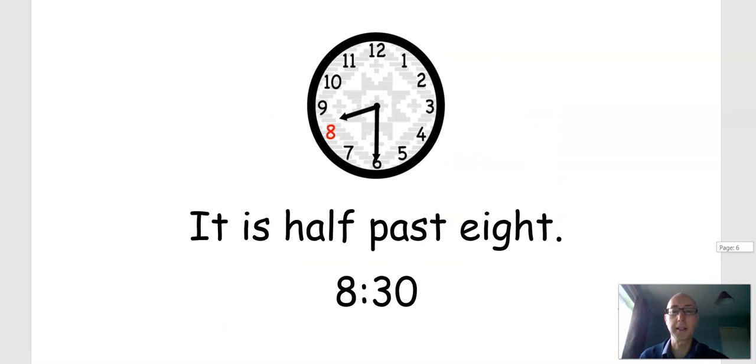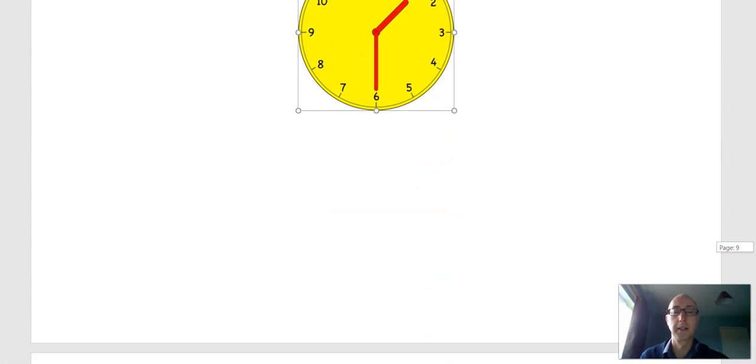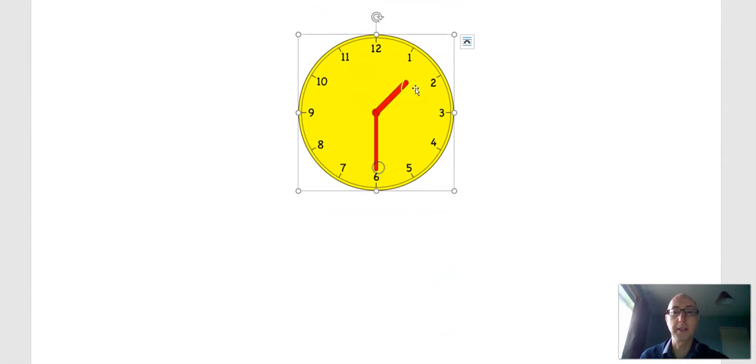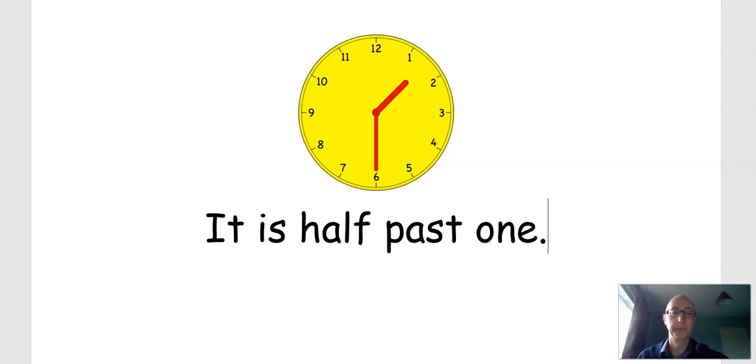If the big hand is at 6, it's half past. So half past, and the little hand is just after the 1. So it is half past 1. Or this is the time in numbers. It's the same.